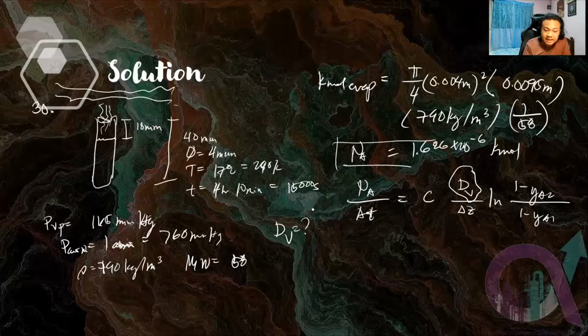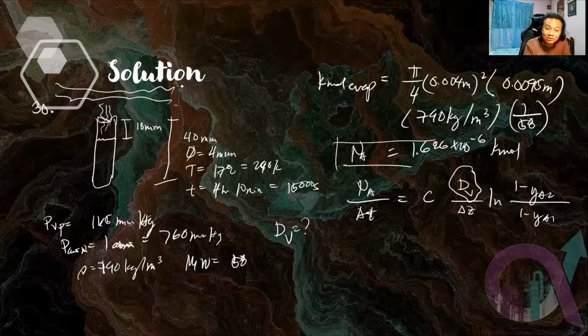So Z is, I'll tell you later. Time is 15,000 seconds. YA2: at the beginning there is no concentration of YA, the liquid, in the atmosphere.